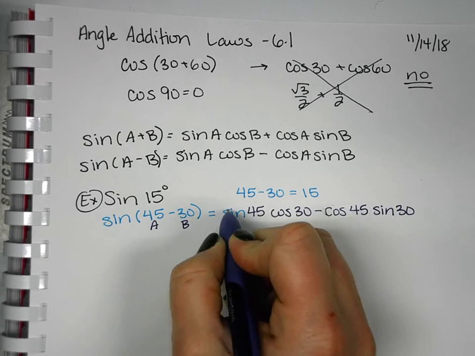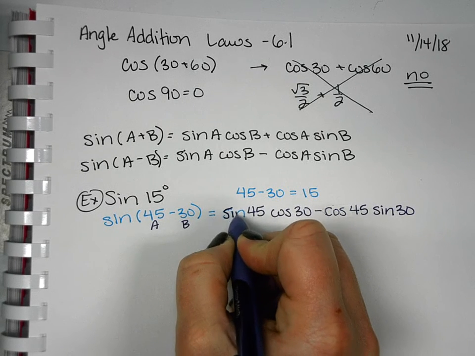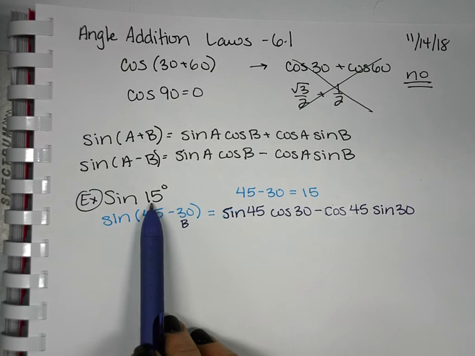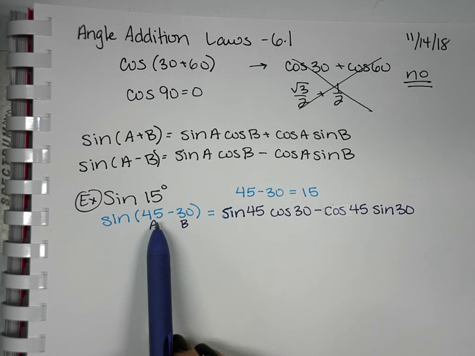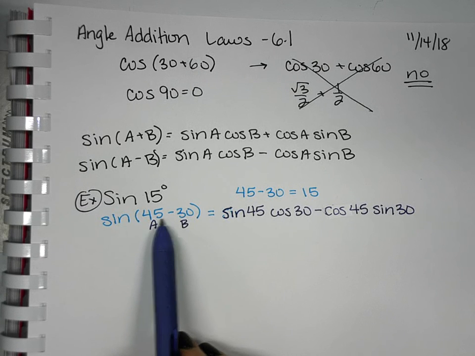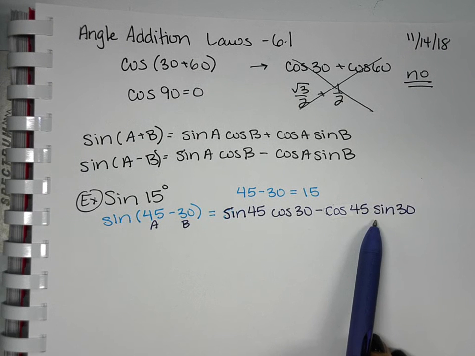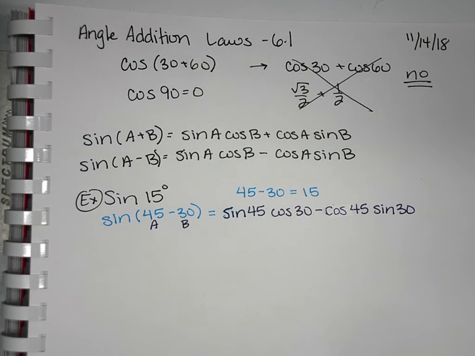So what it's allowed us to do is to put everything in terms of numbers on our unit circle. By taking a non-exact value and writing it as a sum or difference of two exact values, we can write a sine-cosine statement that we can read values off our unit circle.